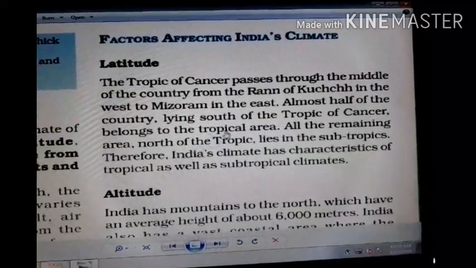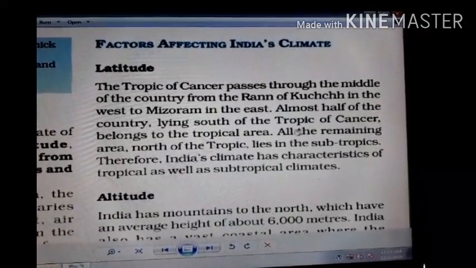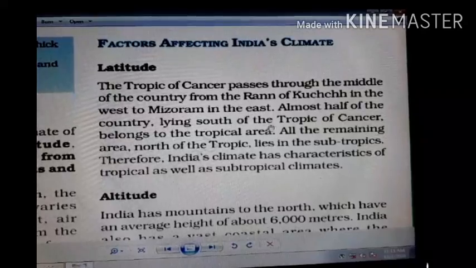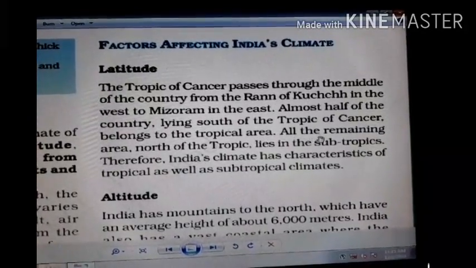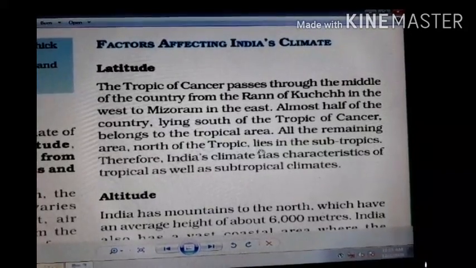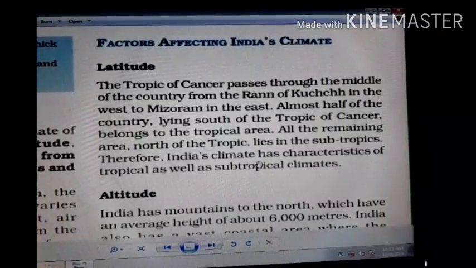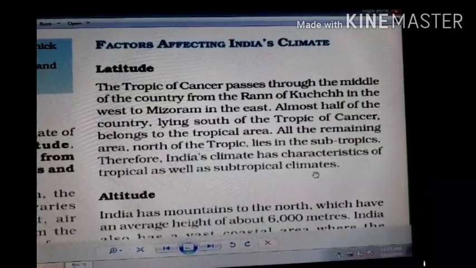Those areas are called tropical, because they lie between the Tropic of Cancer and the equator. All the remaining area north of the tropic lies in the subtropics. Therefore, India's climate has the characteristics of tropical as well as subtropical climates.